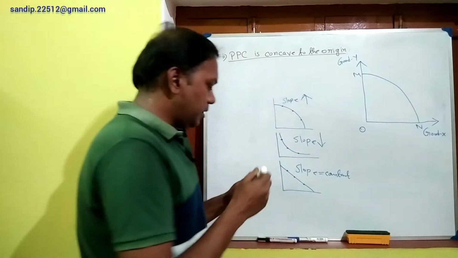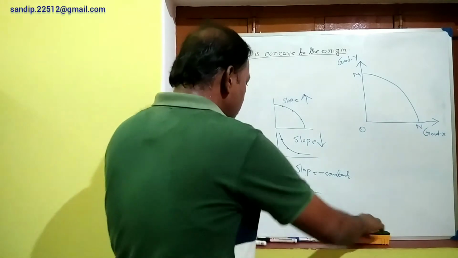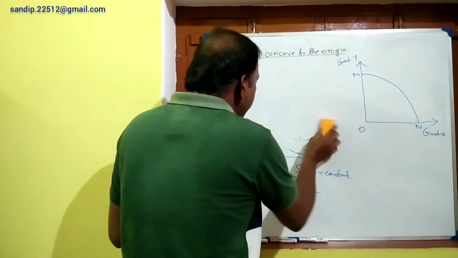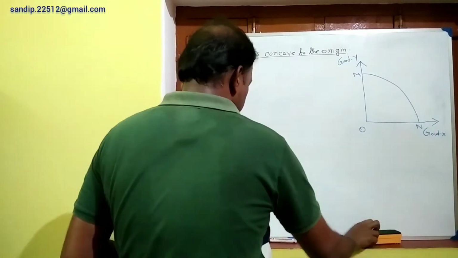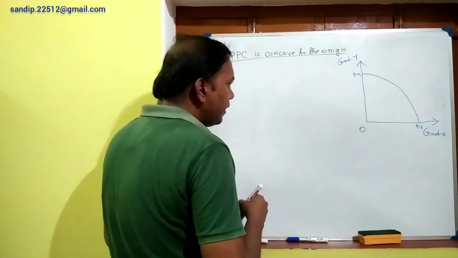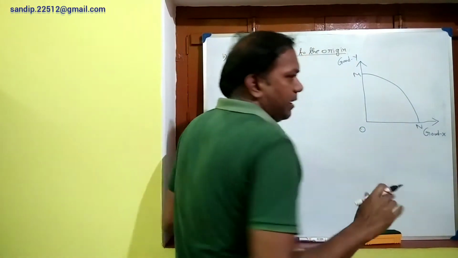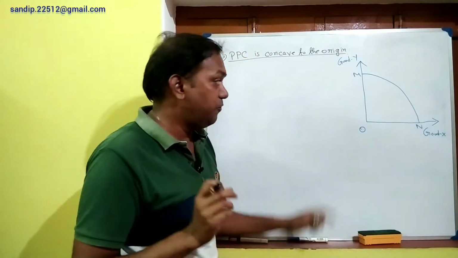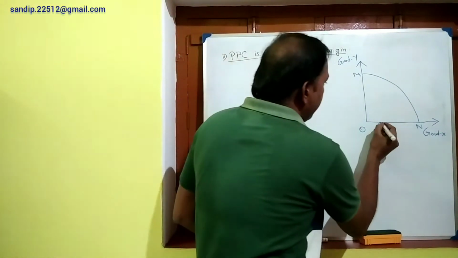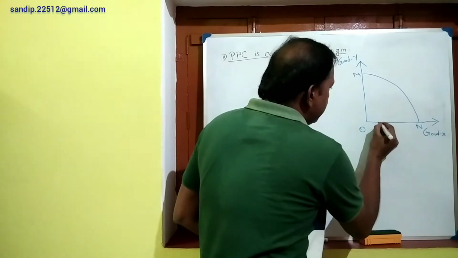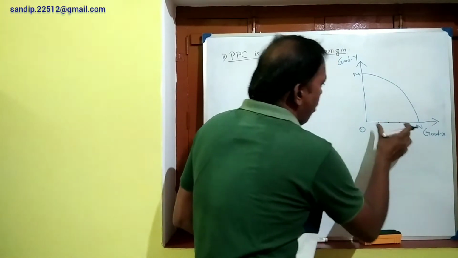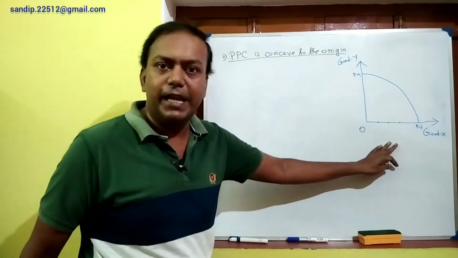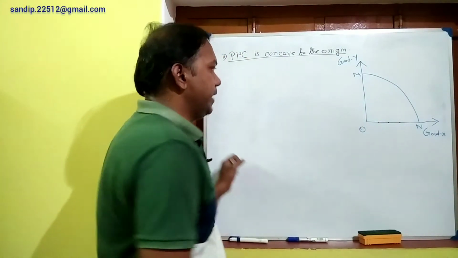Now let us prove that. So for that, what do we have to do? See, students, just follow carefully what I am doing. Suppose I have taken 3 equidistant points on the horizontal axis.